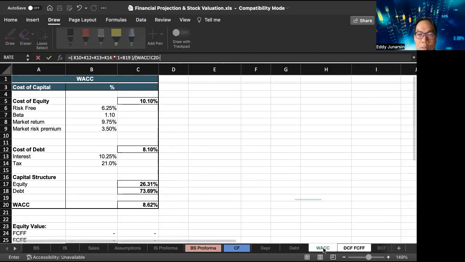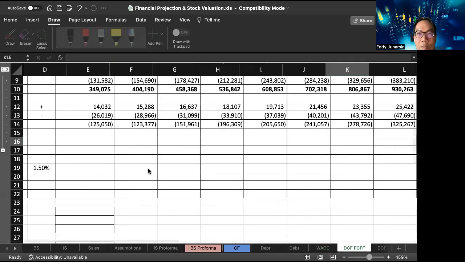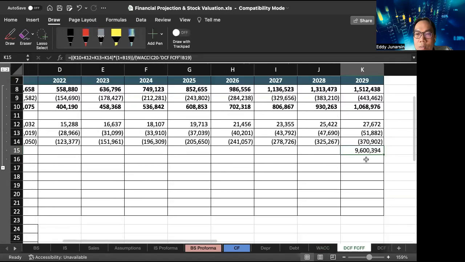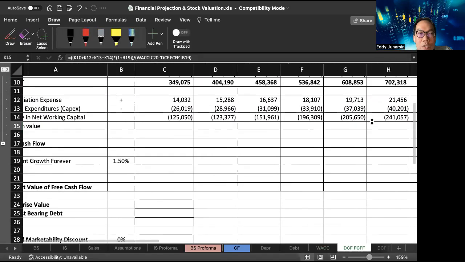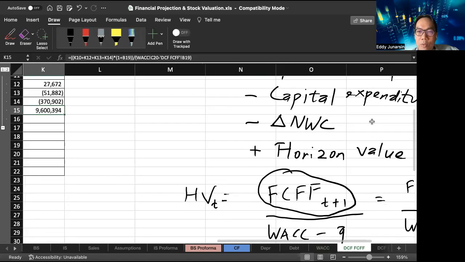Minus the constant growth forever. Okay, so we got the horizon value. So once again, horizon value represents the values or contributions beyond the analysis period, right? And do it with this one, right?